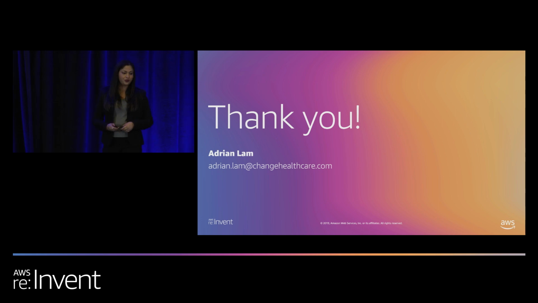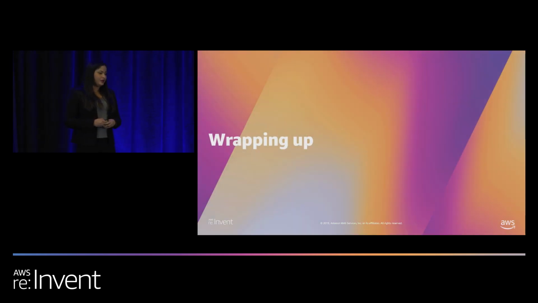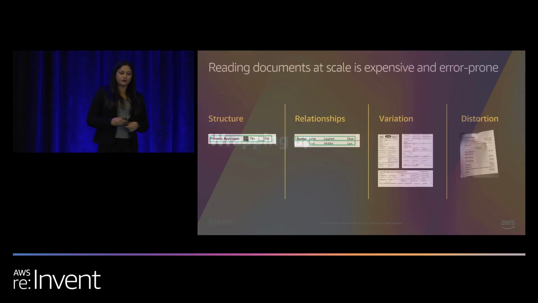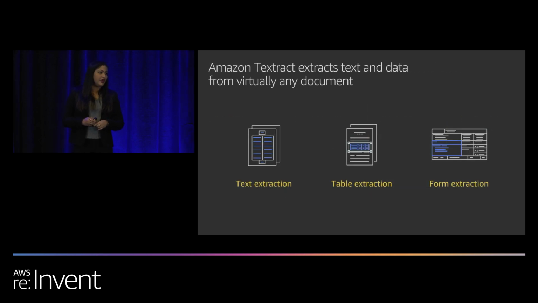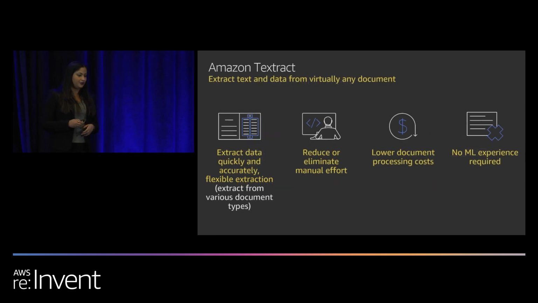Thank you so much. Now, wrapping up, I just want to leave you with a few messages. The first is that reading documents at scale is expensive and error-prone, and that you can use Amazon Textract to extract text and structured data, table and key value pairs from virtually any document without requiring any configuration or any templates.